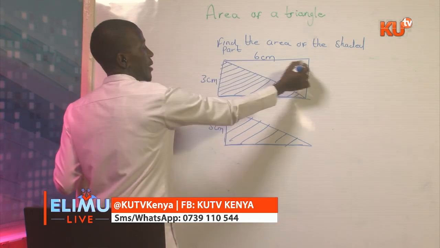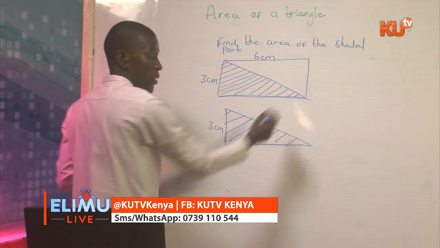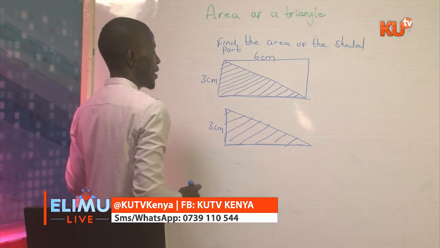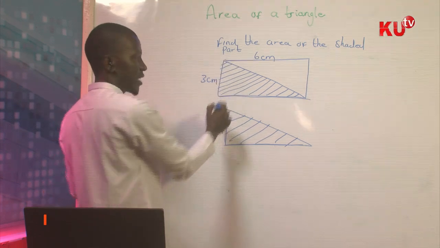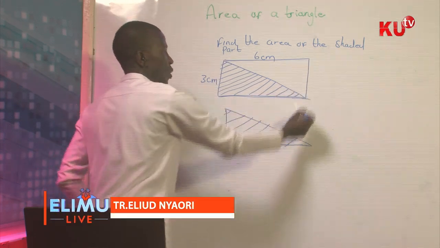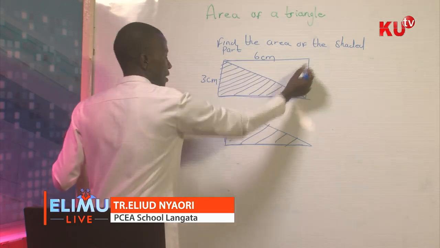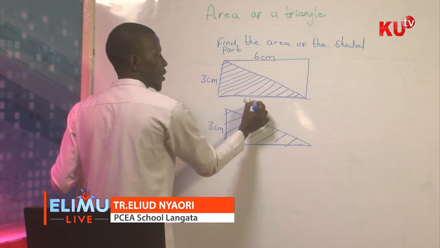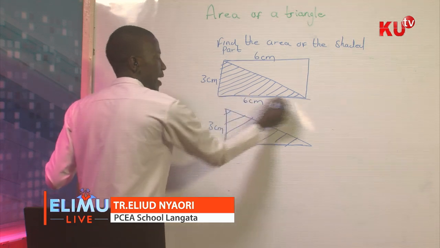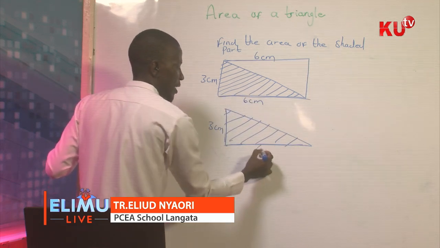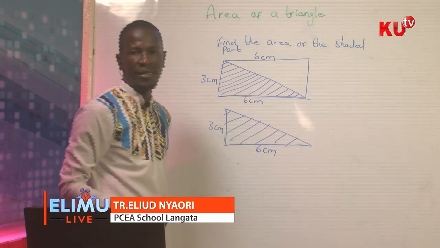If this side is 6 centimeters, this side is also 6 centimeters. If this side is 3 centimeters, this side is also 3 centimeters. So if this one is 6, which means down here is also 6 centimeters. And these lines represent this one, which is 6 centimeters.